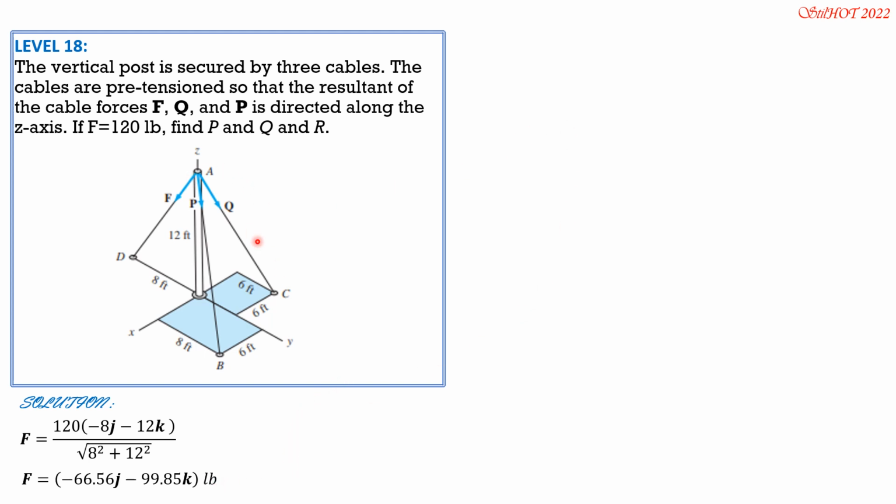Next, Q, from A to C, going down along Z, so negative 12k. Along X, backward, so negative 6i. Along Y, forward, so 6j.